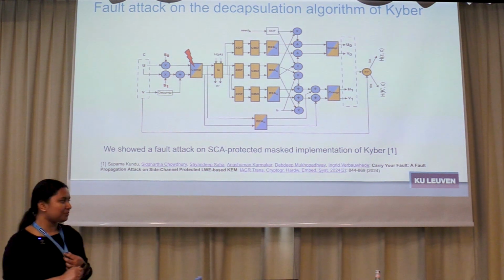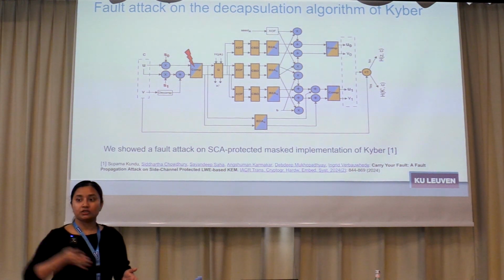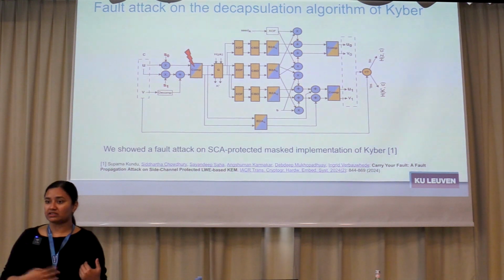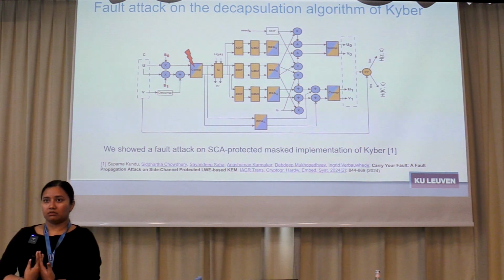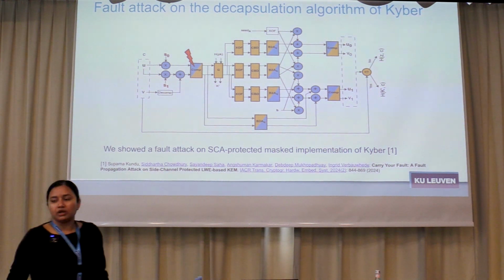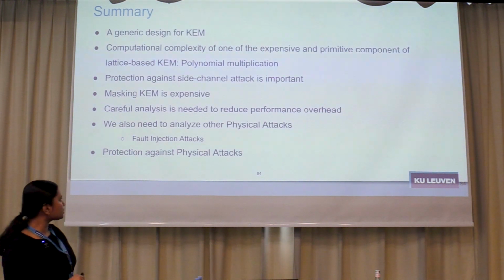We have a lot of gap from standardization to deploying all these algorithms in real world crypto systems. We do have to work a lot for that. And with that, I have this conclusion.